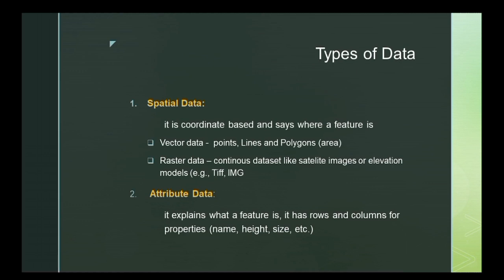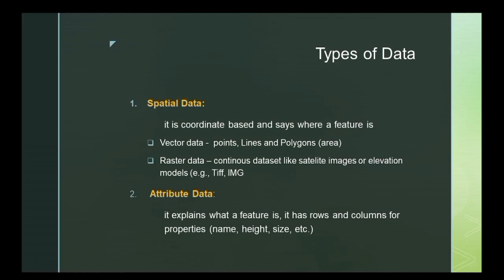Points are used to explain where things are, for example, school points. Lines are used to show where roads are. And polygons can be used to explain where boundaries are, an area, for example, the state boundary is an area.